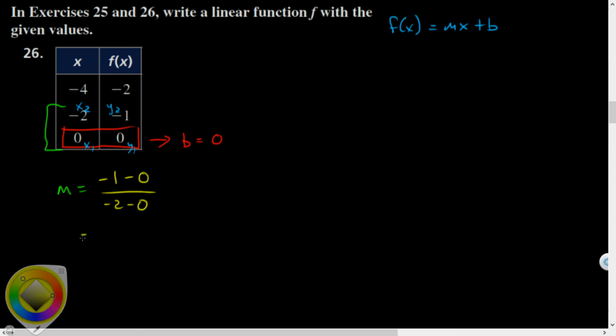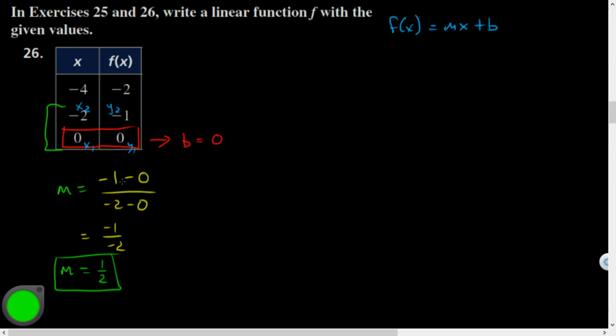And let's see, so that's going to equal negative 1 over negative 2. What do you guys think that simplifies to be? Those negatives cancel. That's going to equal 1/2. The other way you can figure this out is if you take a look at this.